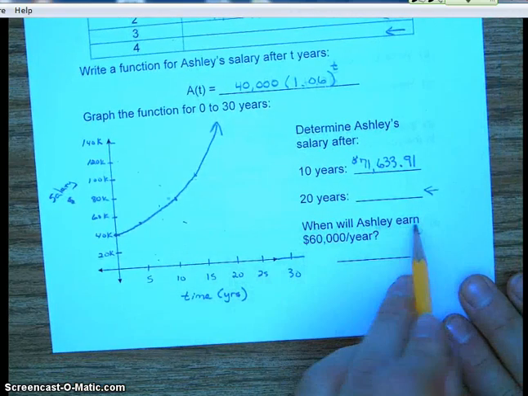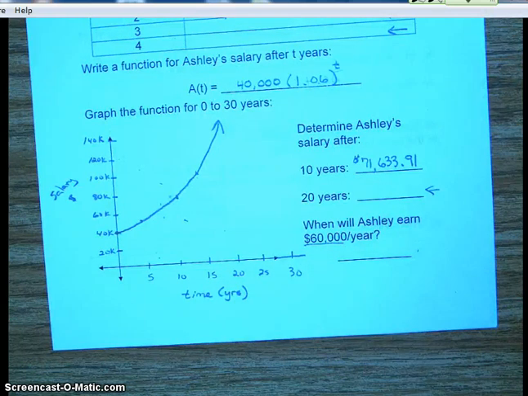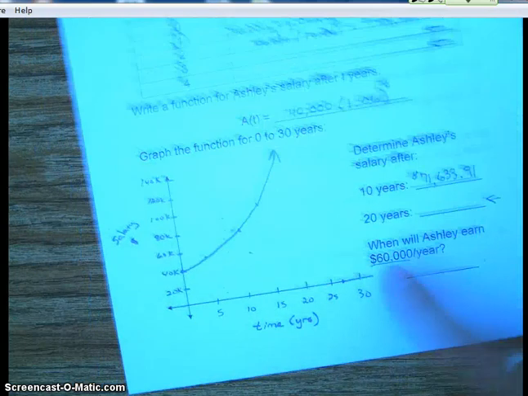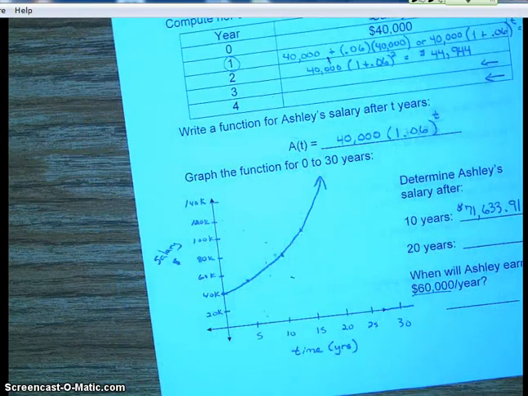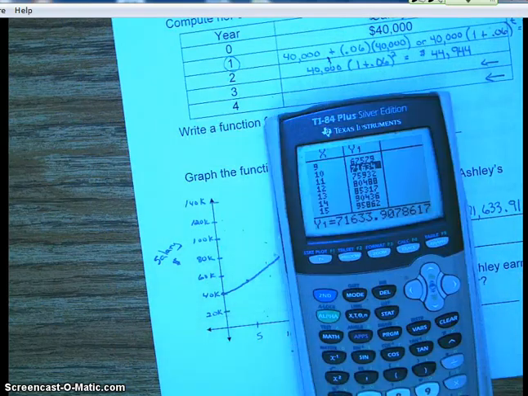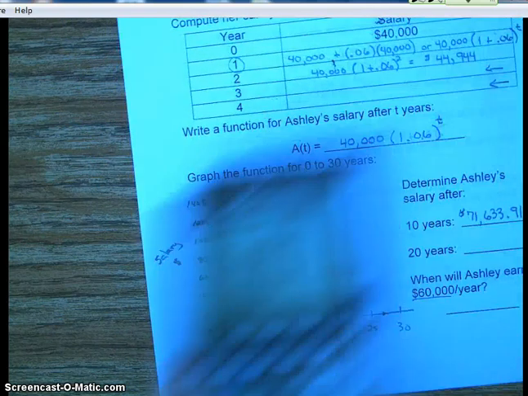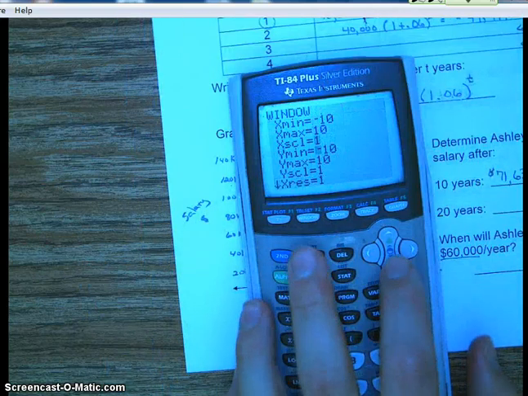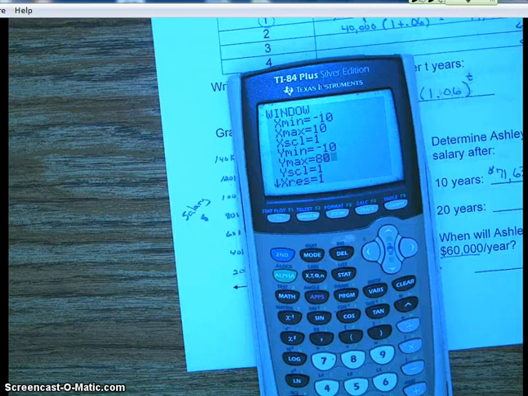Now, when will Ashley earn $60,000 a year? Well, now they give us her salary and they want us to find the time. So, salary represents your Y. If I was going to graph this on here, I'm going to need to change my window. We want to go to $60,000, so we're definitely going to need a Y max of, say, 80,000.